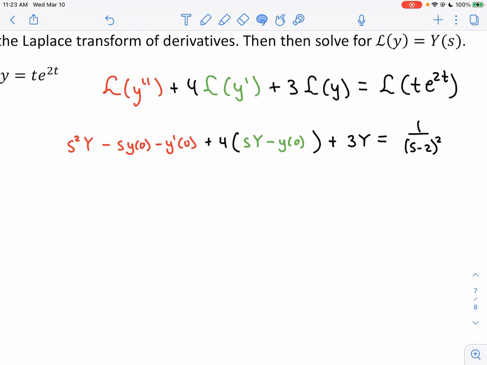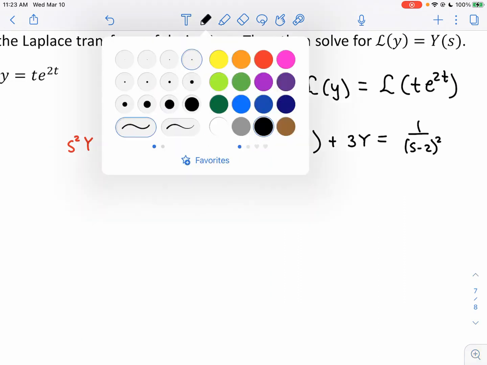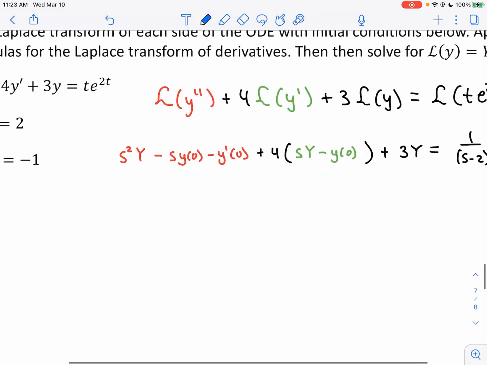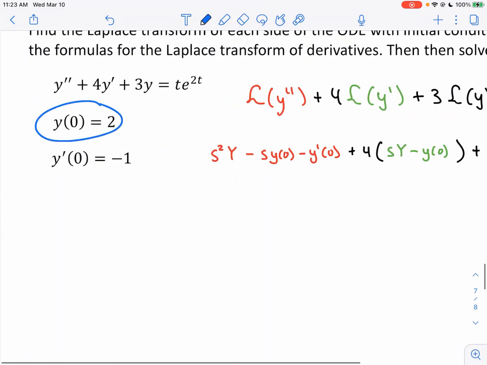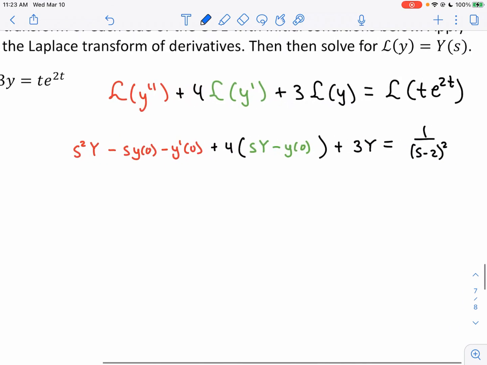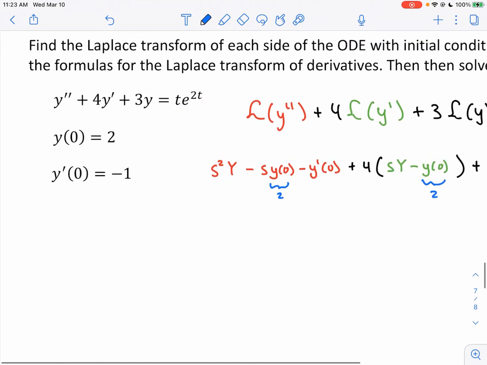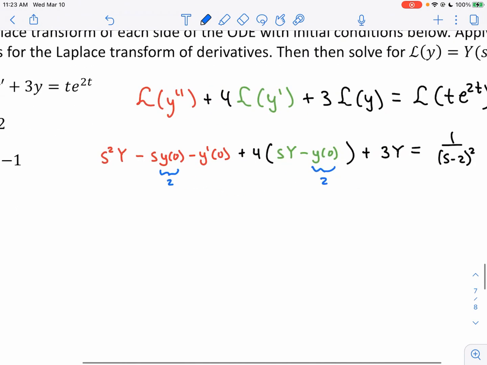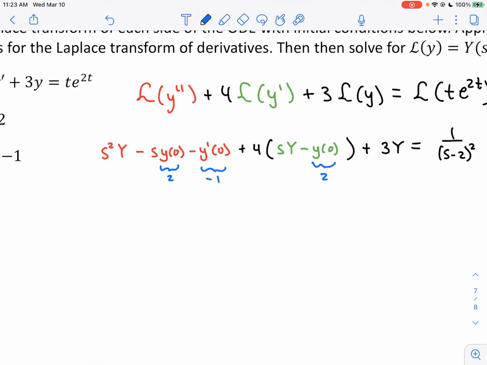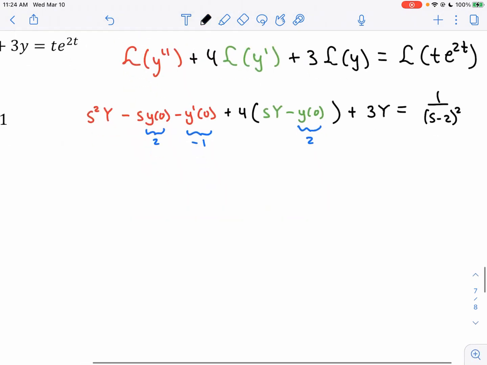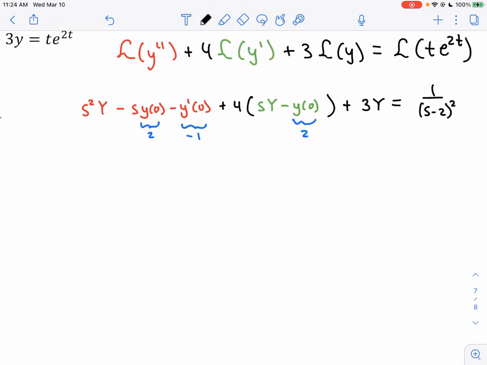Okay, now there's a few different expressions here. There's a bunch of y of zeros, and each y of 0 is going to be a 2. We also have some y primes of 0 that need to be negative 1, so that right there needs to be negative 1. And let me rewrite this now, remove parentheses and simplify some of these numbers.